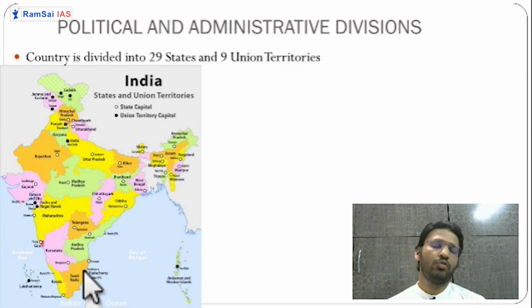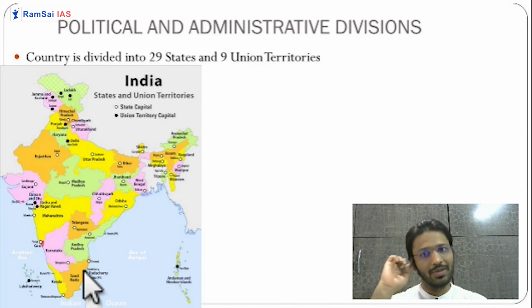For example, if you make all the states through which the Himalayas pass into one state, it will be very difficult to keep all the people together and to run the administration efficiently. Or let us make Tamil Nadu, Maharashtra, Karnataka, all states on the peninsula, one single state. You'll have lots of fighting between the people. Administratively and socially, it is very difficult when we have such a huge, diverse country like India.